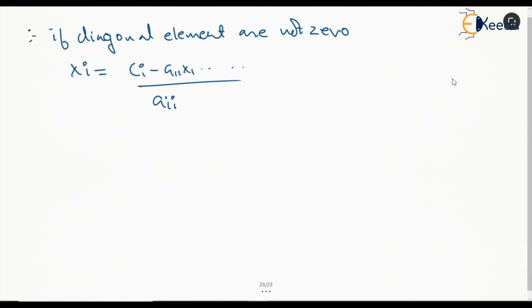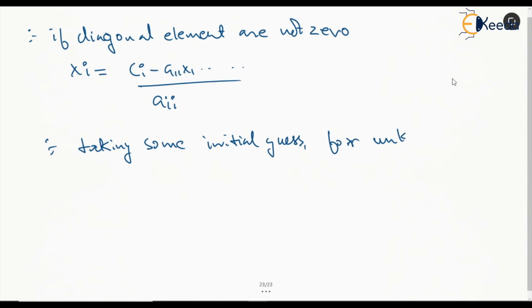So in this manner we can write these variables and then, taking some initial guess for these xi's, for unknowns, what we can do is use the new equations, that is the equations where we have these variables in terms of other variables.